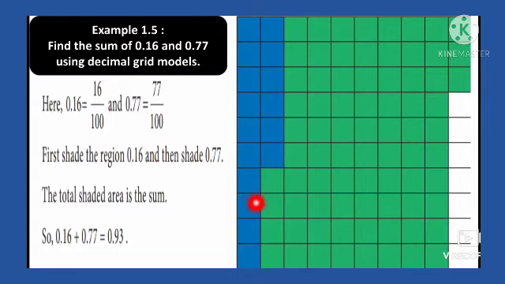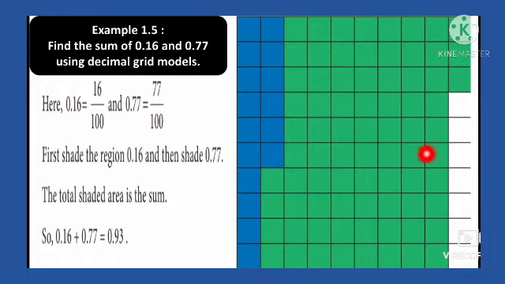Here each column represents 10: 10, 20, 30, 40, 50, 60, 70, 80, 90, 100. Let us first shade 77 in green color. 1 column represents 10. 2, 3, 4, 5, 6, 7.